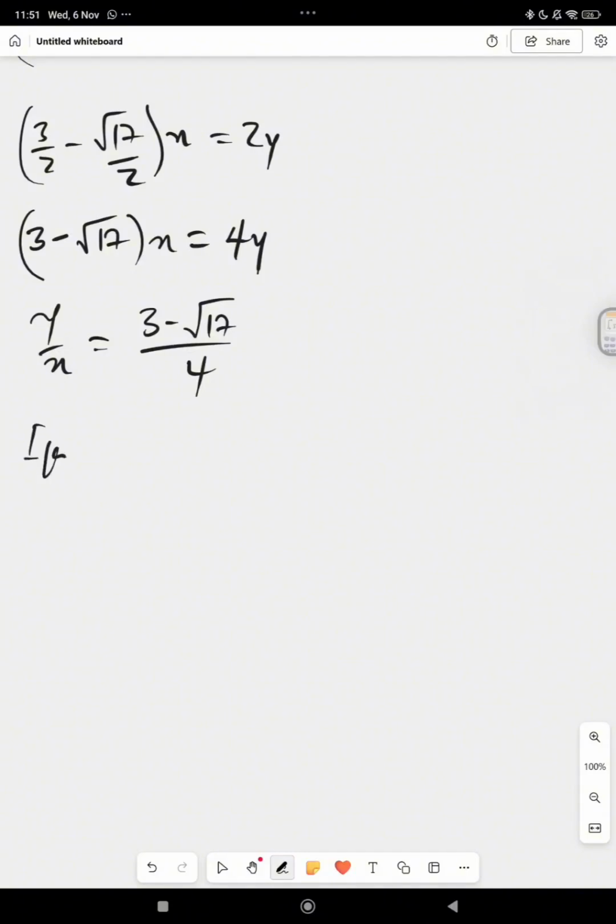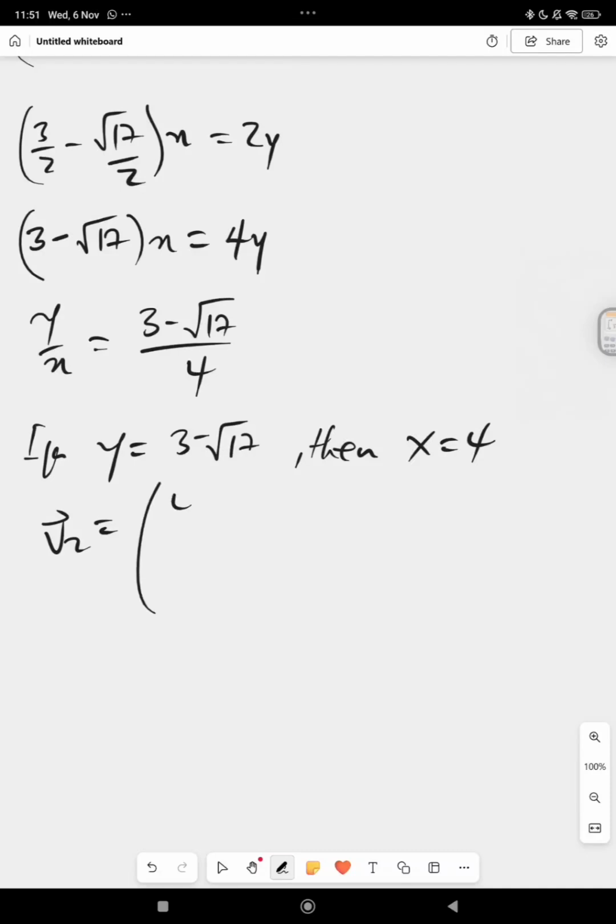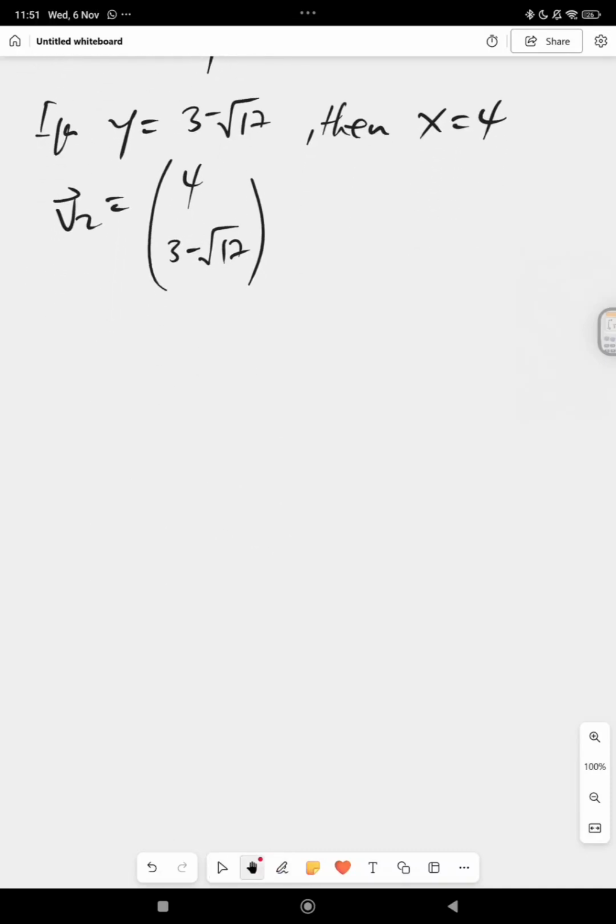So if y is equal to 3 minus the square root of 17, then, so our hypothesis, then our thesis will be, then x will be equal to 4. So for our v2, we will have x equal to 4, y equal to this.